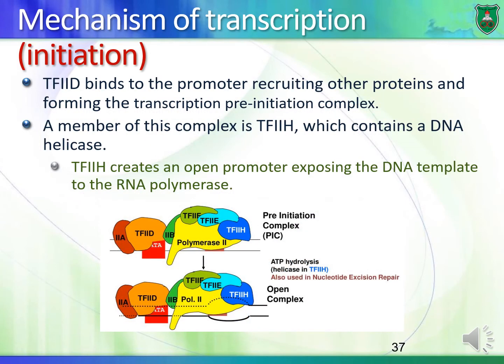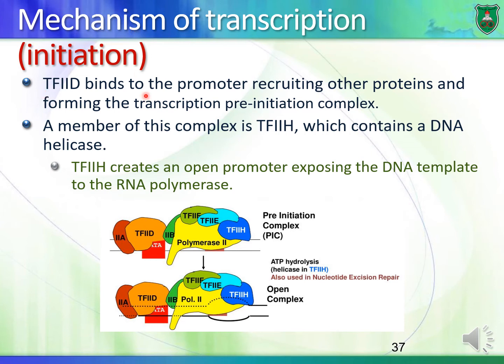So how is transcription initiated? Well, the first protein that binds to the promoter is known as TFIID. This protein recruits all of the other proteins to the promoter region.